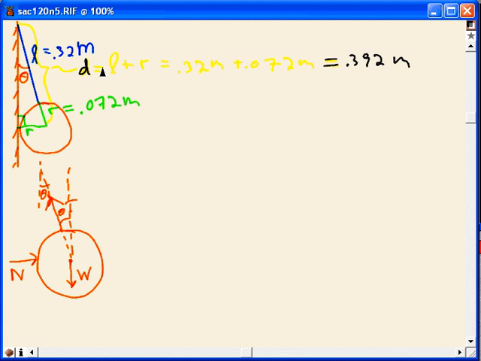So D is equal to 0.392 meters, and I need that value to get what this angle is.